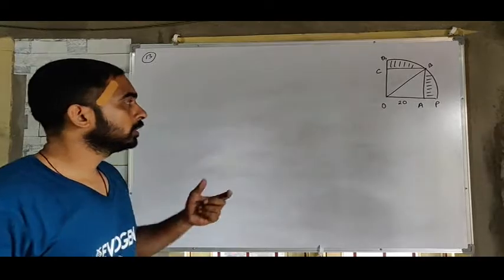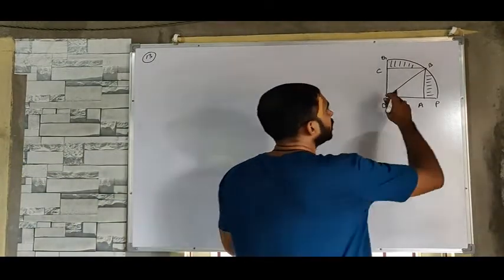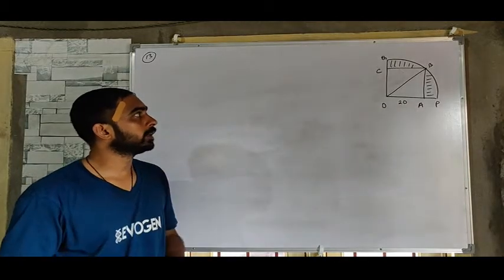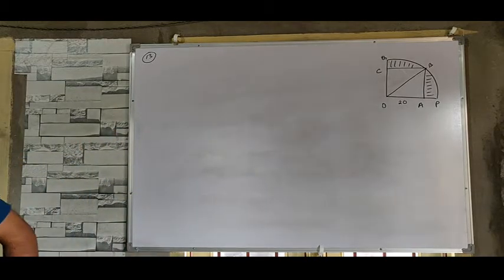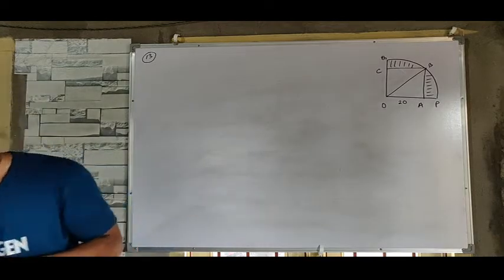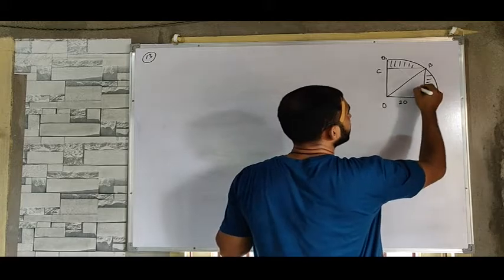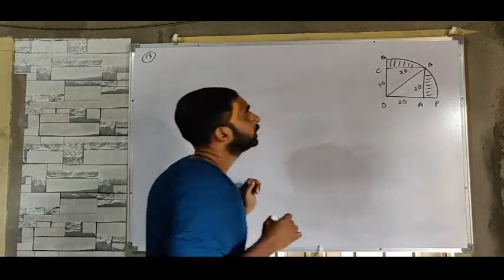So first of all, the value of OA is given. By using the Pythagoras theorem, we have to find out the value of OB, and OB is the radius of the quadrant. Now OABC is a square. So if OA is 20, AB also 20, BC also 20, OC also 20.